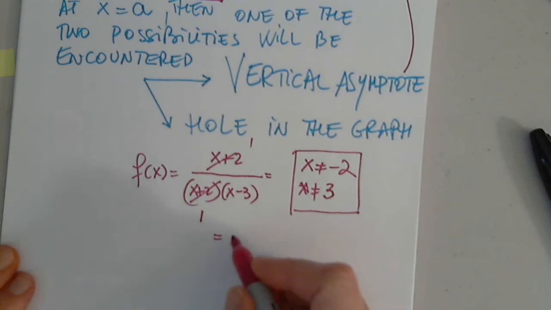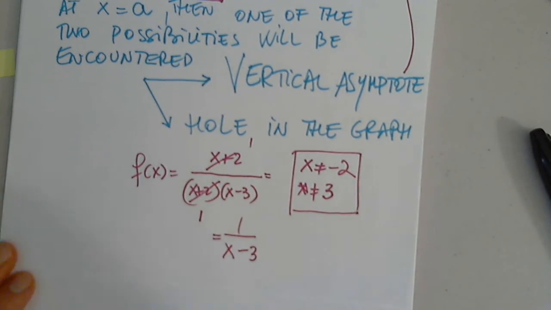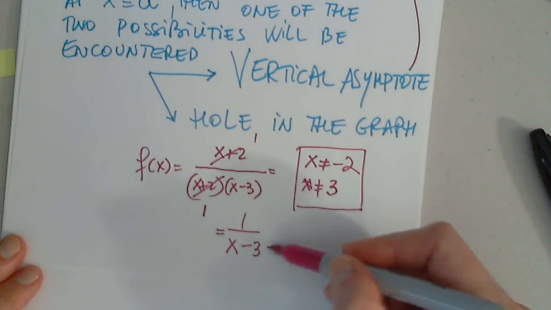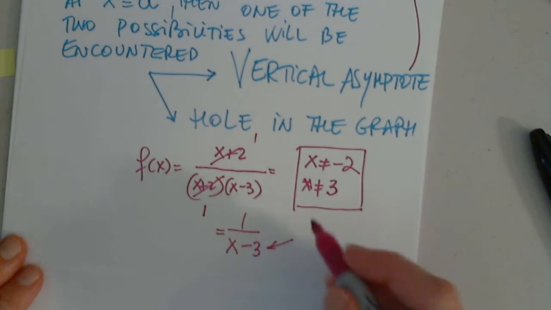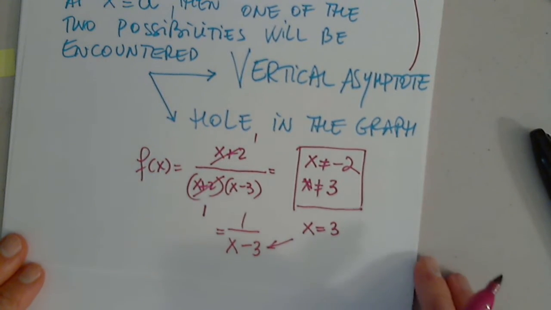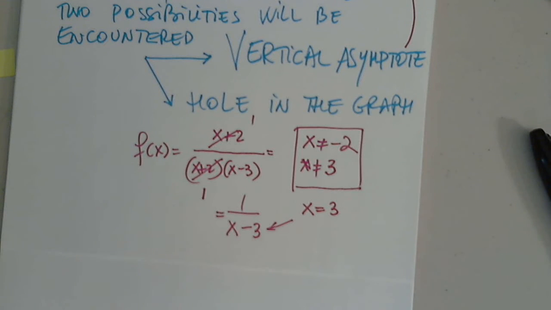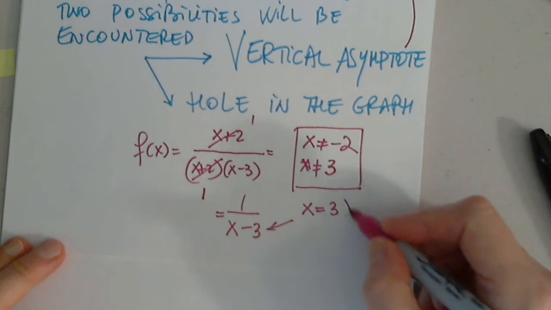Excellent. Very good. Okay, so as you see, this factor stays, which means x equals 3 will be, if the factor stays, Derek, what does x equals 3 represent? Oh, asymptote. Of course, thank you.